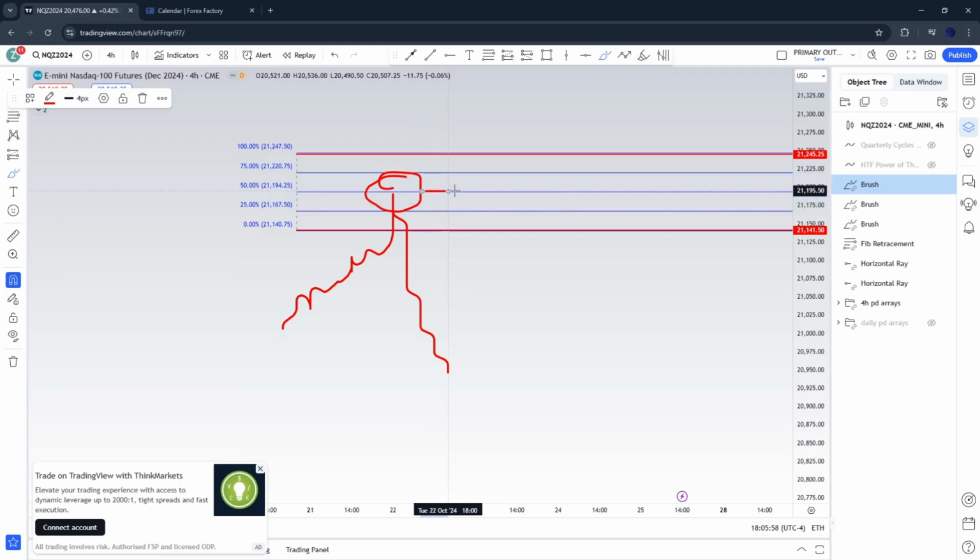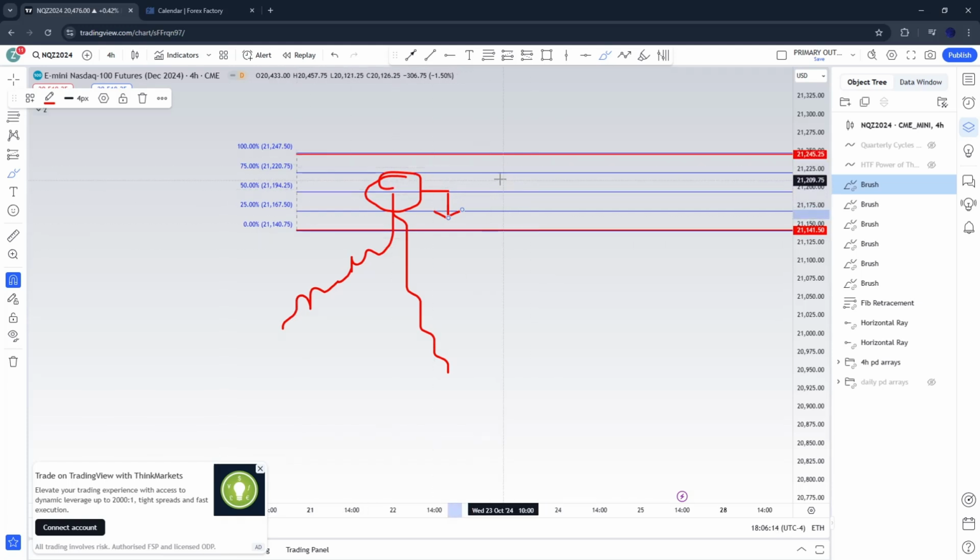Anything higher could be viewed as a false run or a weak fair value gap, per se.